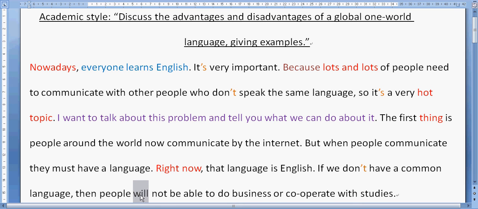And again here, we don't know if people will not be able to, because will not is talking about definite, 100%, but we're not sure about that.